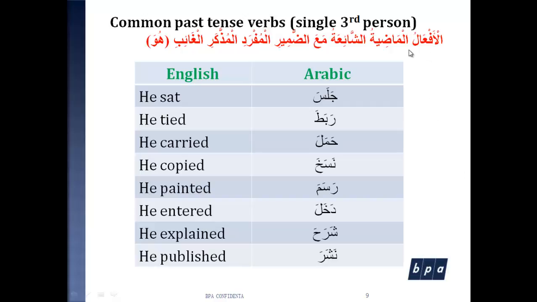In Arabic, الأفعال الماضية الشائعة, the common past verbs, مع الضمير المفرد المذكر الغائب, with the independent pronoun masculine. الغائب is the third person, هو. الأفعال الماضية الشائعة مع الضمير المفرد المذكر الغائب, هو.